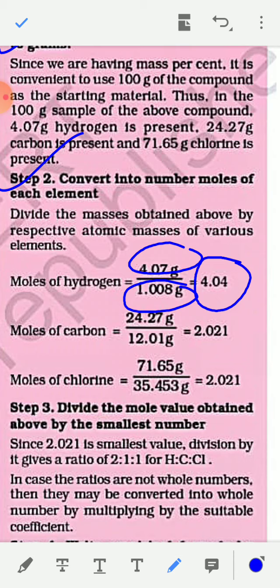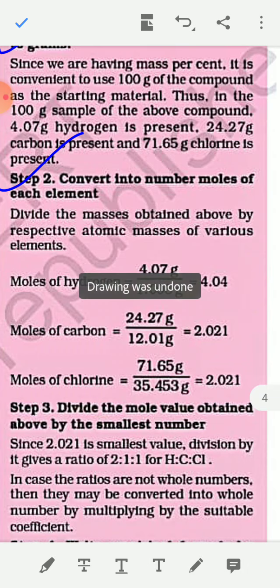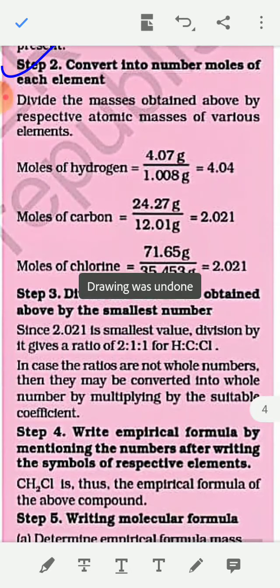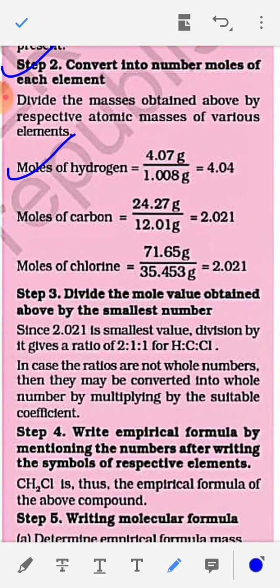Atomic mass of hydrogen is 1.008, so the moles of hydrogen is 4.07 divided by 1.008, that is 4.04 moles.